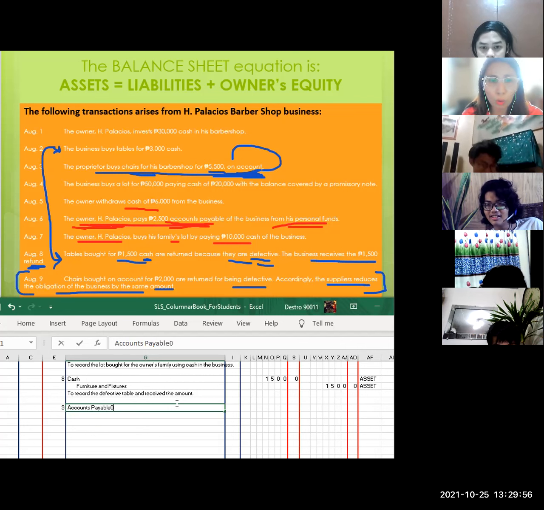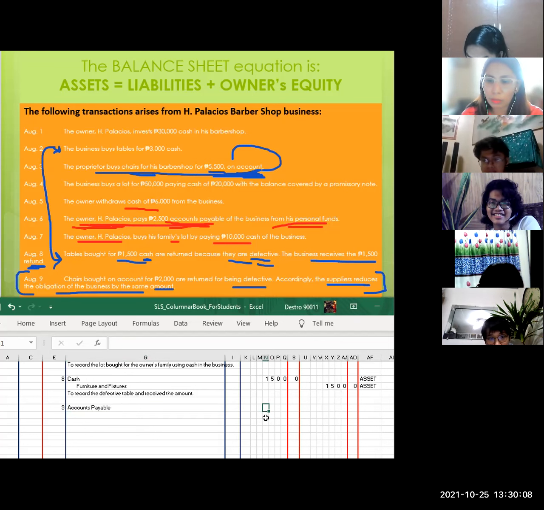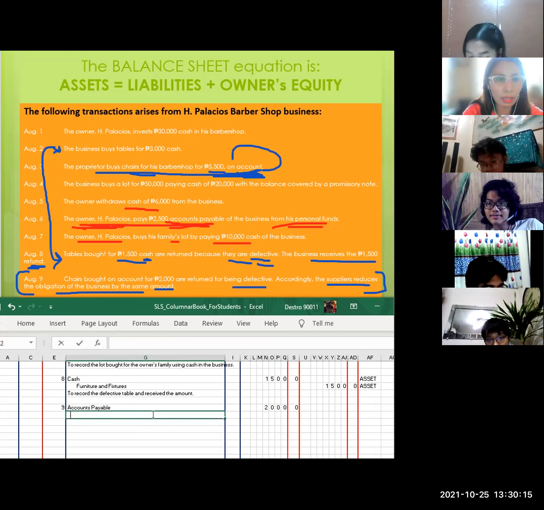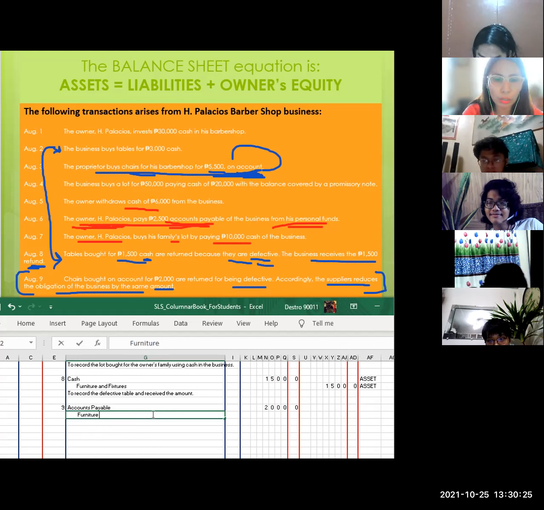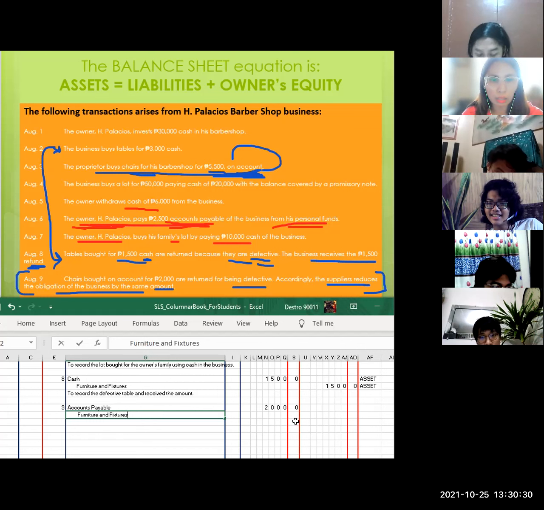Debit accounts payable the amount of 2,000 pesos. And then credit furniture and fixtures.